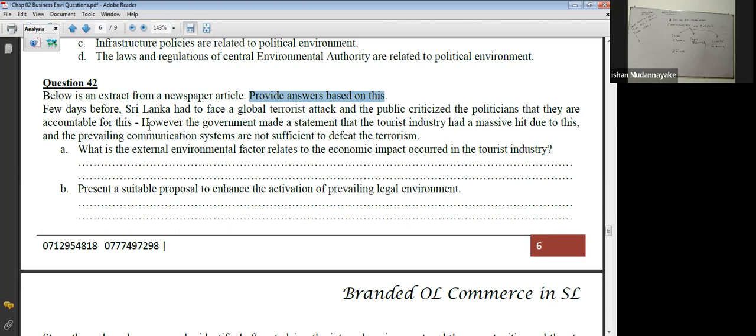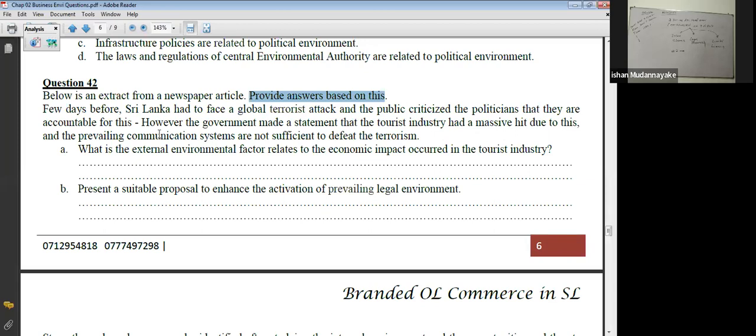Few days before, Sri Lanka had to face a global terrorist attack, and the public criticized the politicians, saying they are accountable for this.